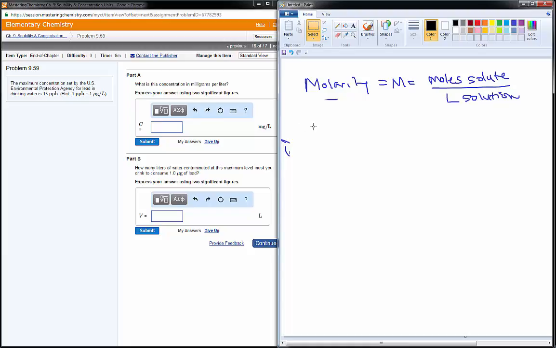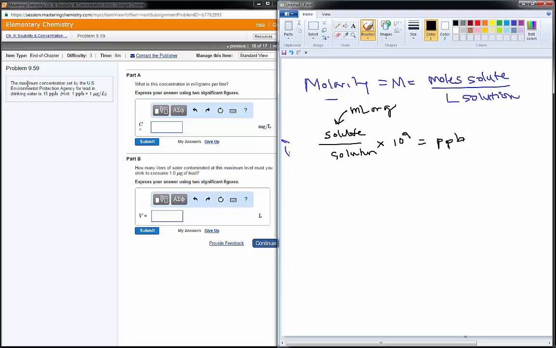Just to remind, amount of solute divided by solution times 10 to the 9th equals parts per billion. And these amounts have to be milliliters or grams, both the top and the bottom.